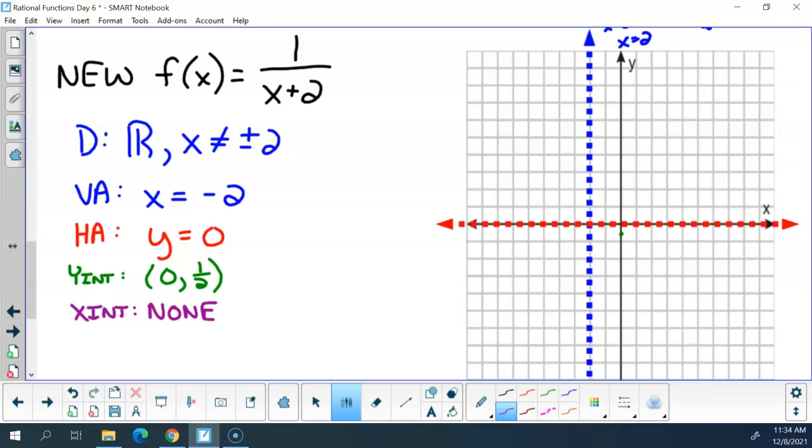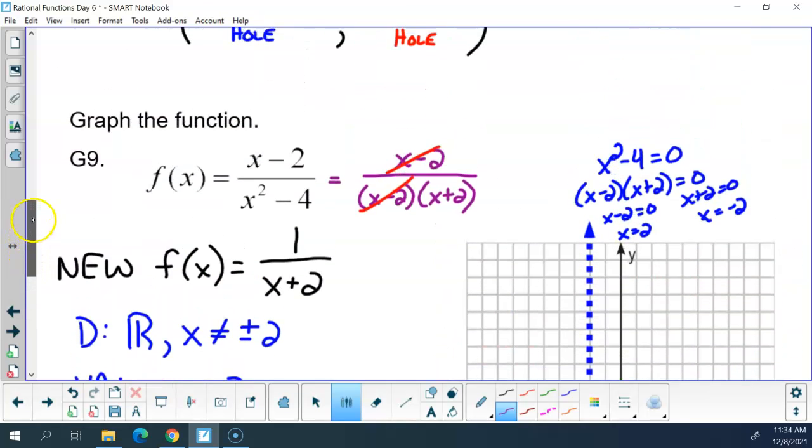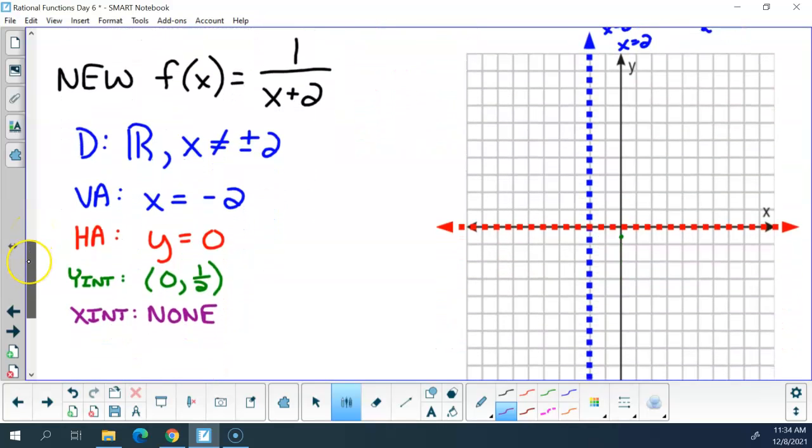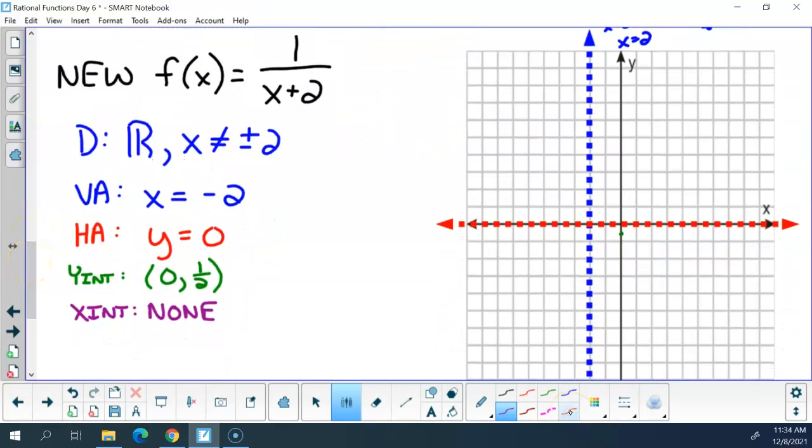Now, this is new. We factored out x minus 2, way back up here. So step 5 says I've got to set x minus 2 equal to 0, and that gives me 2. So the hole is at 2 comma something.